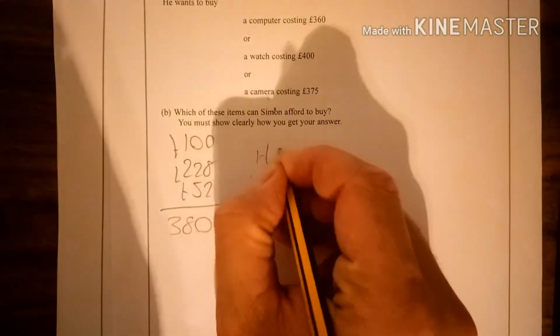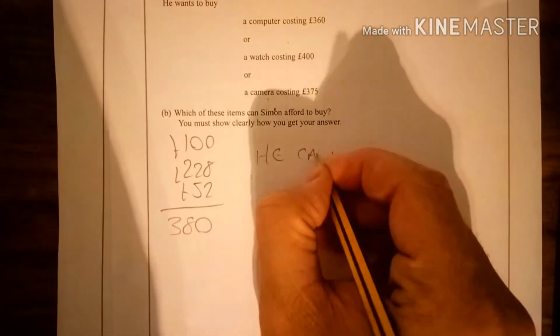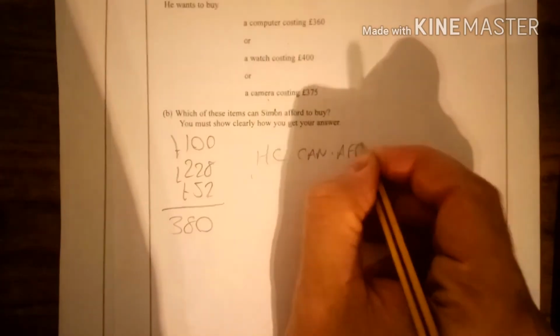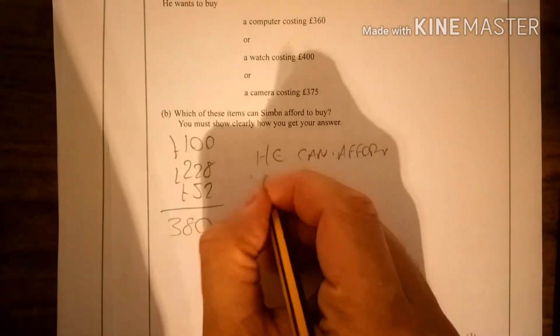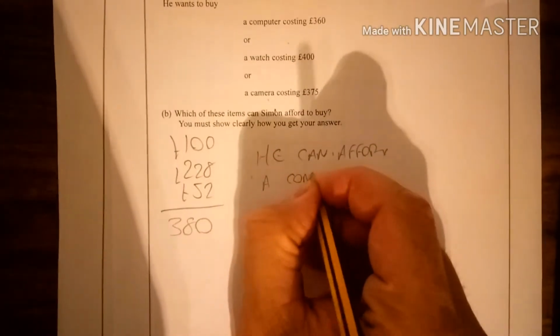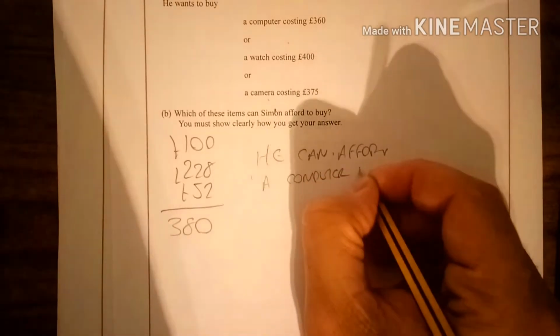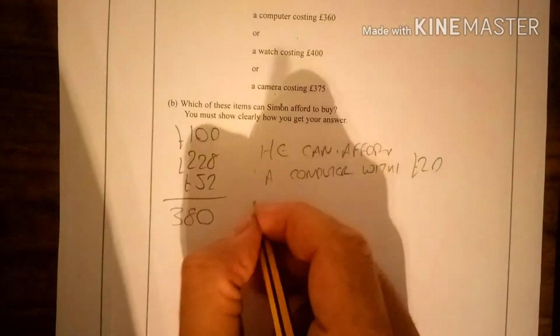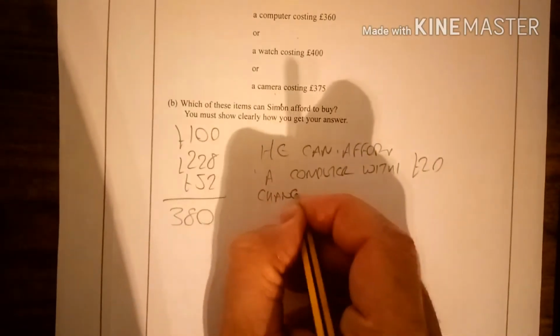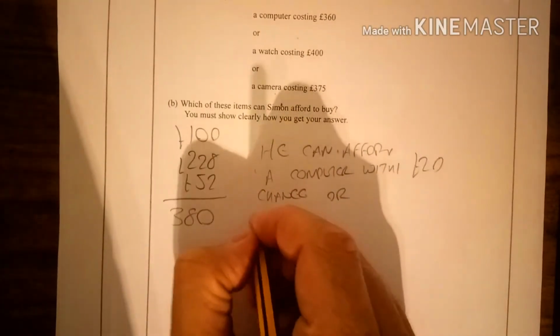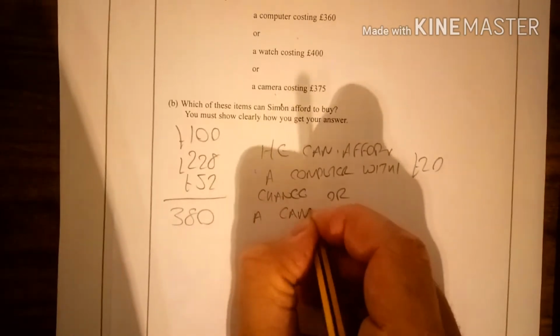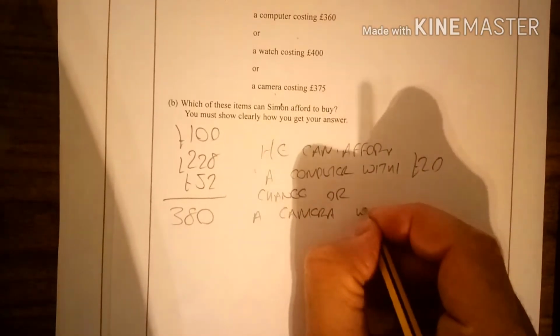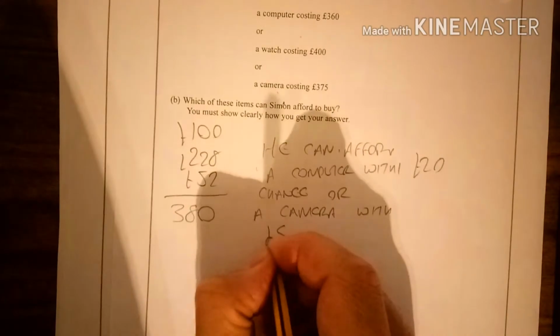So I'm going to say he can afford a computer, with just £20 change, just so they know what I'm talking about, or a camera with £5 change.